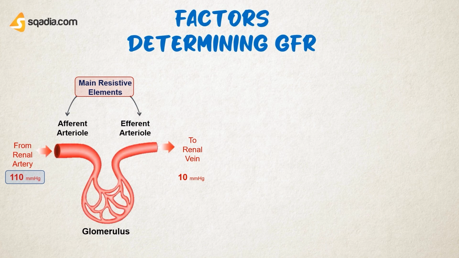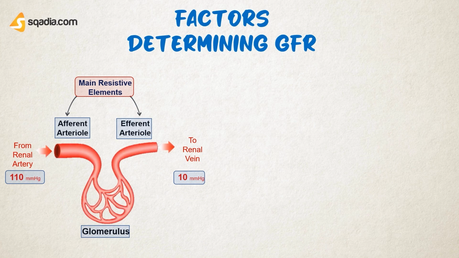Now that blood then passes sequentially through the afferent arteriole, glomerulus and the efferent arteriole before returning to the renal vein. By then the blood pressure has dropped to a relatively low pressure of approximately 10 millimeter of mercury.